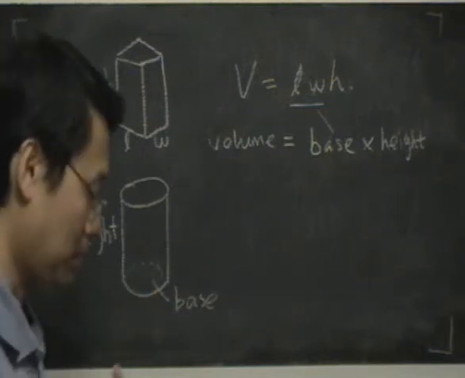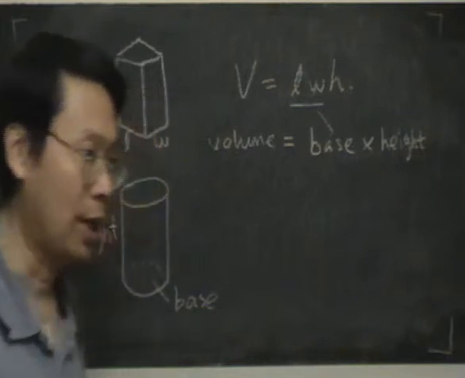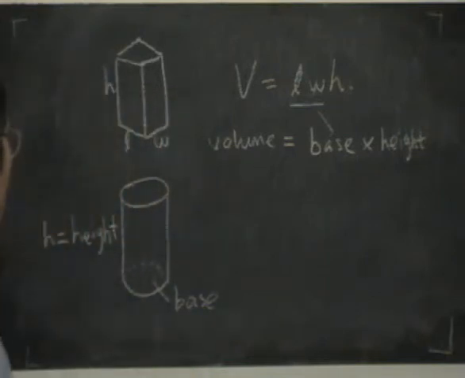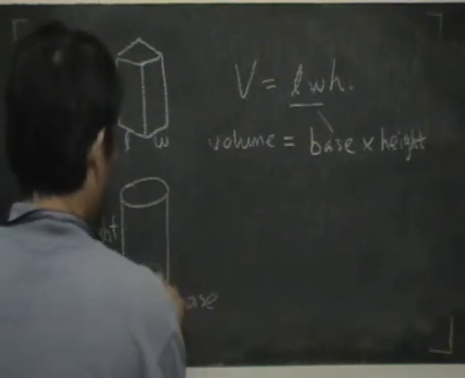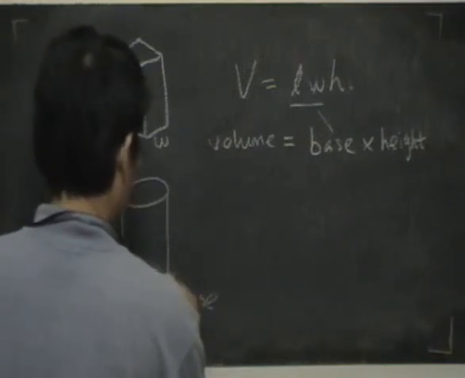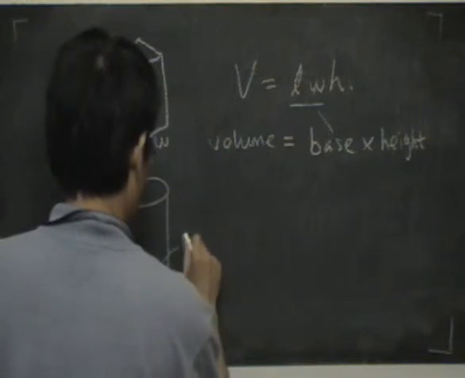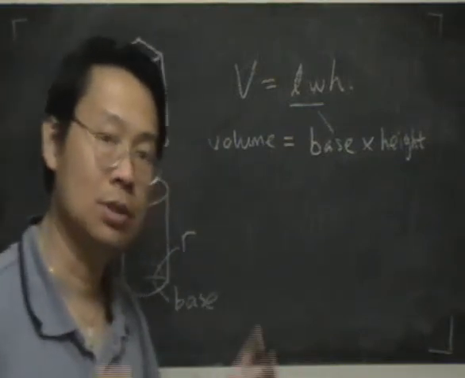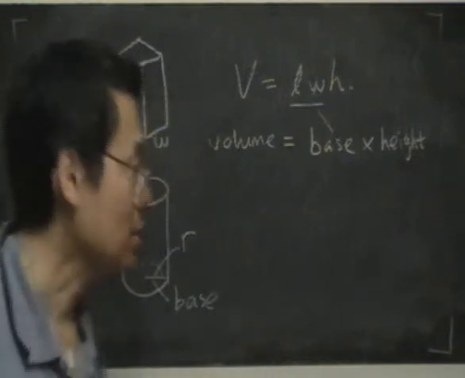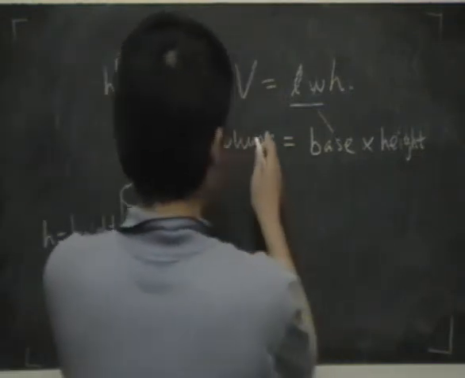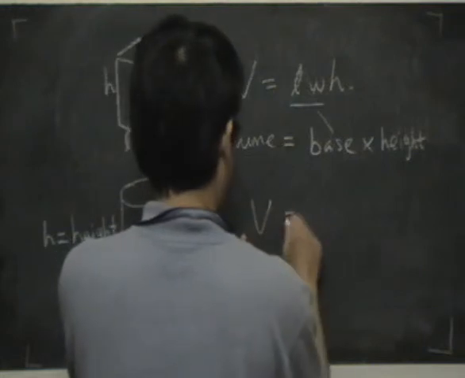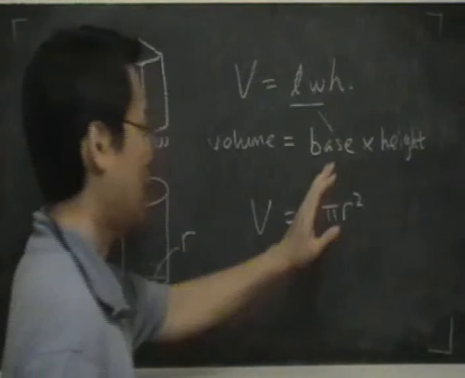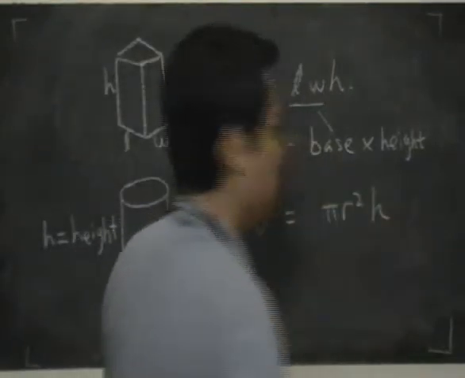Now the base is a circle, and we know how to find the area of a circle. First we have to know the radius. I'll call that r. And the area of a circle is pi r squared. So let me write that down. So volume is V, base is pi r squared, and height is h.